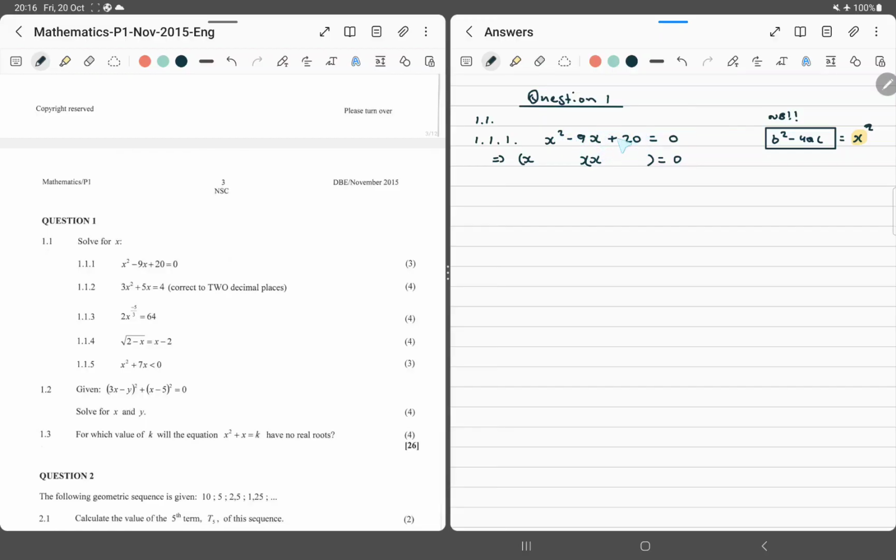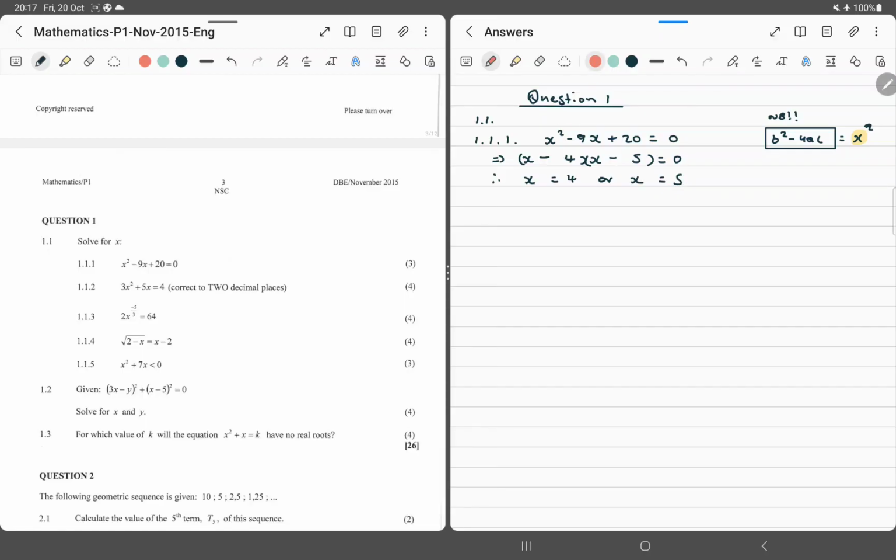Here we've got 20, and the numbers that multiply to 20 but add up to 9 are 5 and 4. Of course, these two are both negative. Therefore, x is equal to 4 or x is equal to 5.